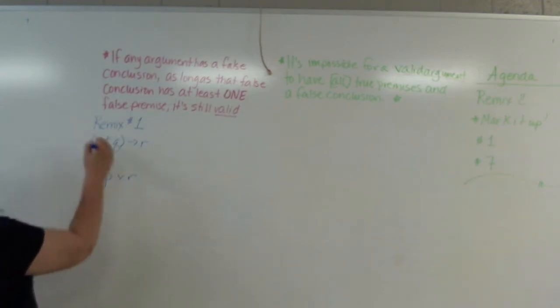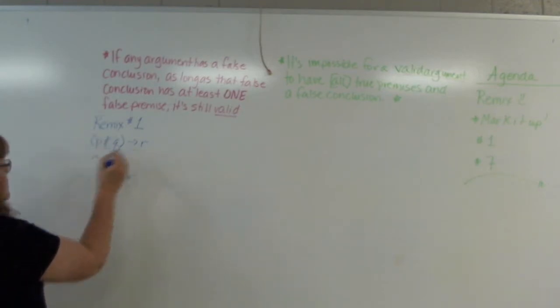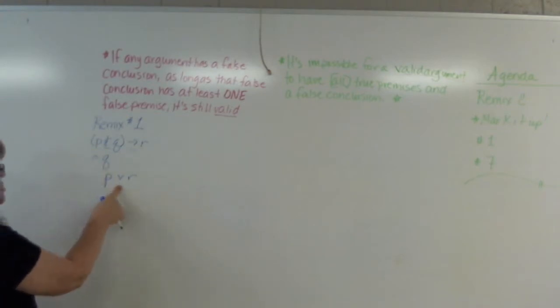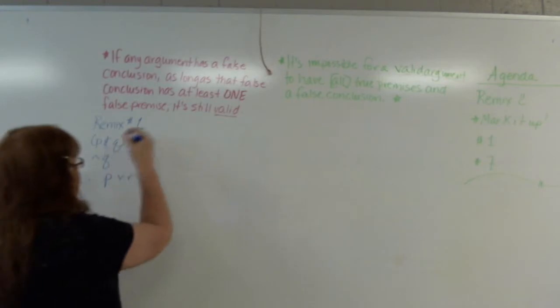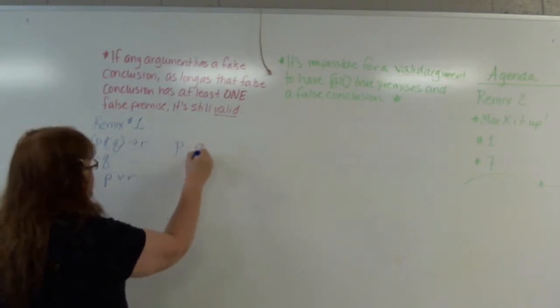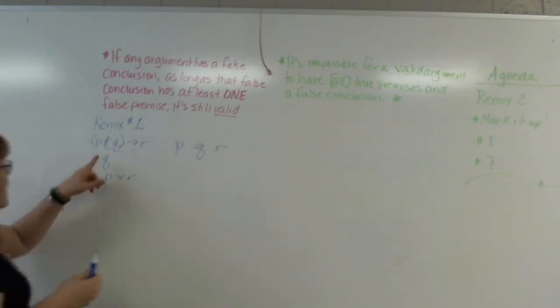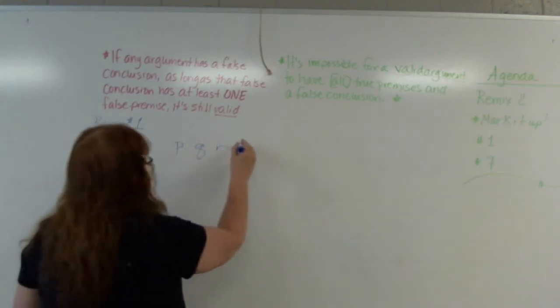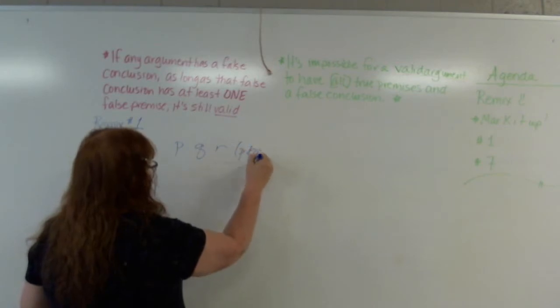I go through the same steps. I have 2 symbols on that first premise. I only have 1 in each of the others, so I don't have to worry about them. I have 3 variables, P, Q, and R. And then I have this P and Q here. So I'm going to take it out of my complexity and put it here in my guide.